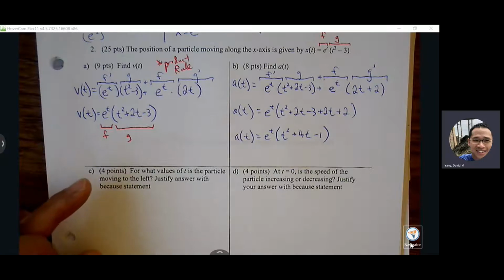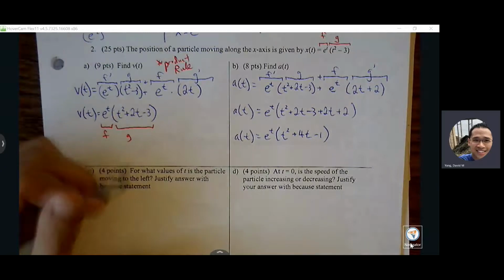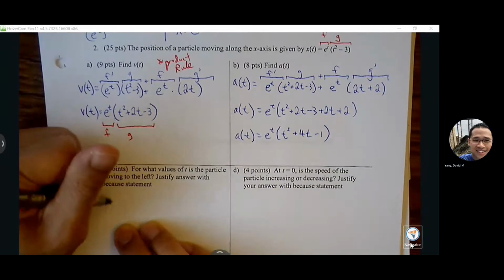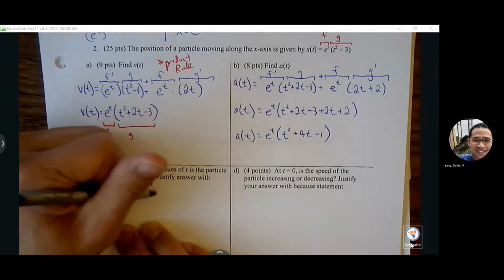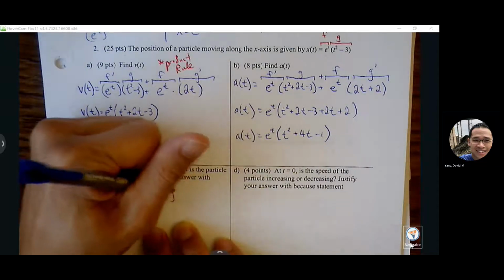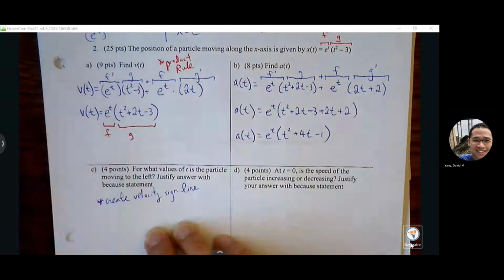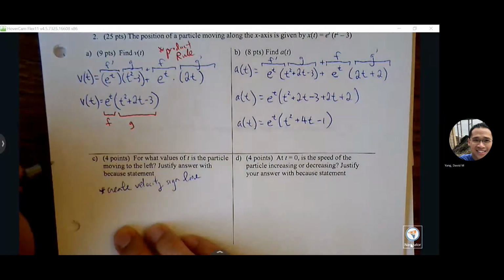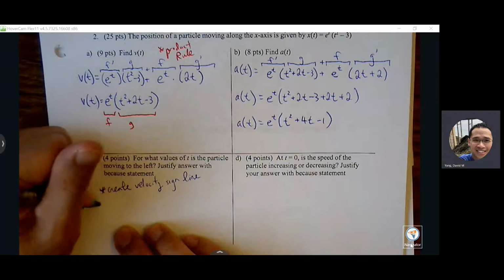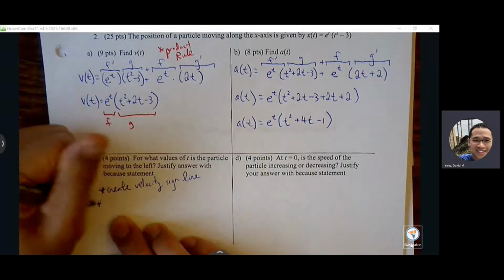Okay, for part C, for what values of t is the particle moving to the left, we have to create a velocity sign line. So first, we want to set v of t equal to 0.